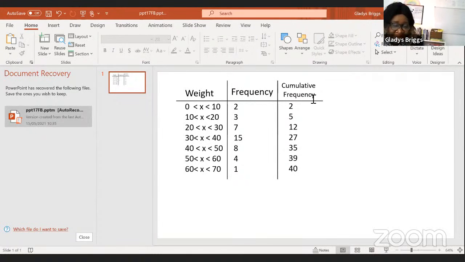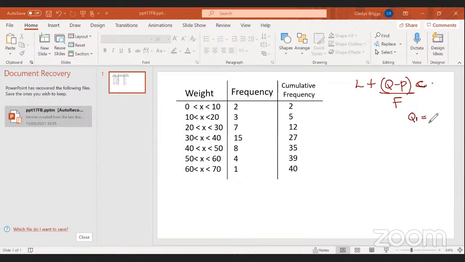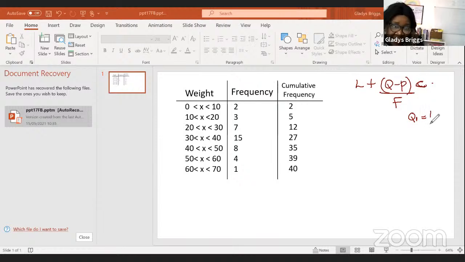Okay, so we want to apply the formula now, and we said that the formula is L plus Q minus P minus O times C, and this is over F. So to work out quartile 1, Q1 is equal to 1/4 of the total data, 1/4 of N, which is equal to 1/4 of 40.